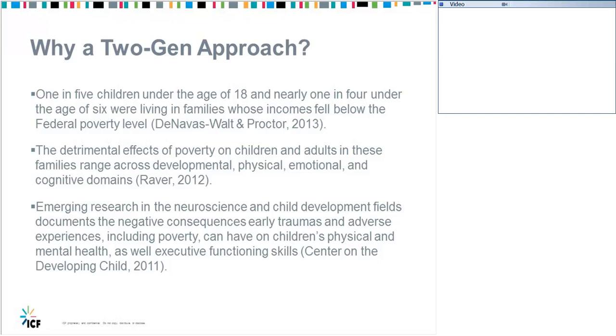Without the ability to develop those executive functioning skills, that was the key to unlocking the story of intergenerational poverty in a very real way, because we were understanding what it was about growing up in poverty that was facilitating and exacerbating ongoing poverty.